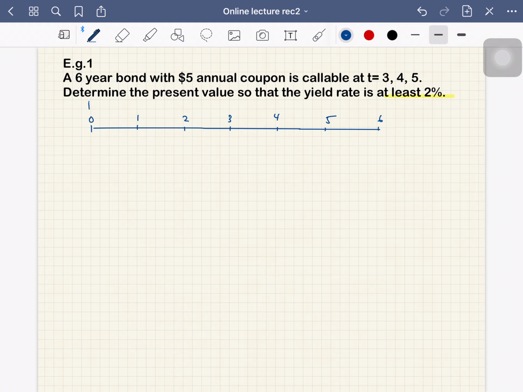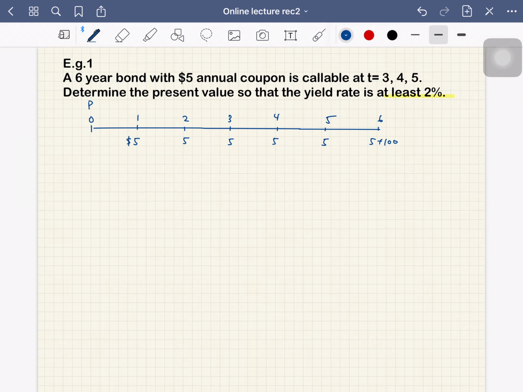And the price is unknown, and $5 coupon every year. So $5, 5, 5, 5. And finally, we have redemption value. So nothing is mentioned, so this should be 5 plus 100.